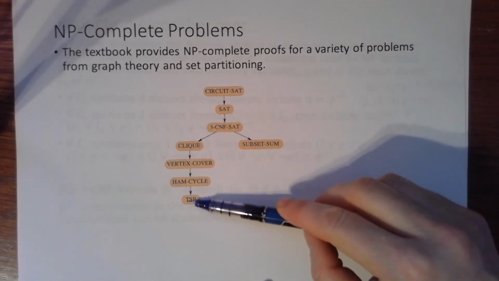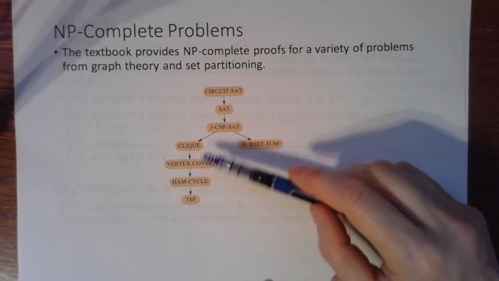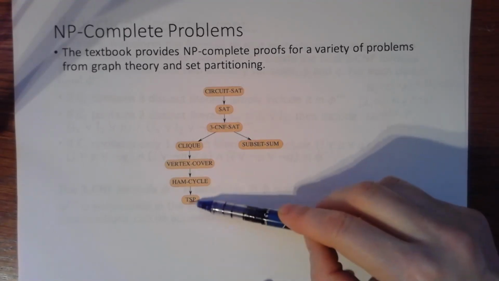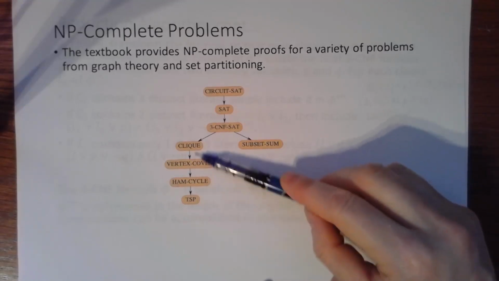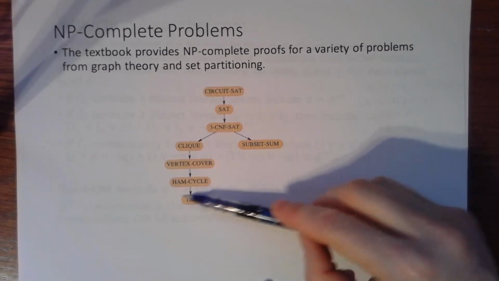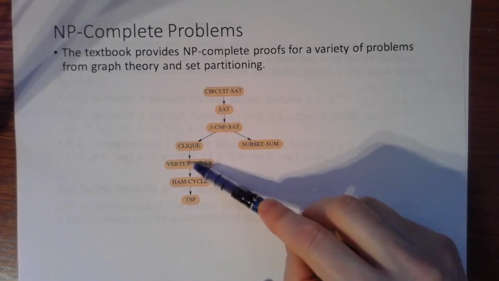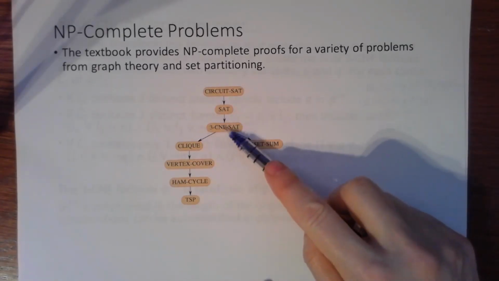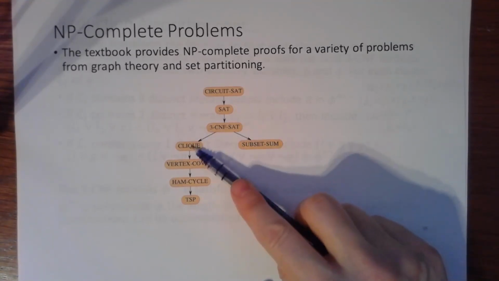We're not going to do the other ones, but the book also shows how other graph theory problems like vertex cover, Hamiltonian cycle, and traveling salesperson work. Once you're in the graph theory family, it's a little bit more natural to do those. But getting from the Boolean logic family to the graph family is an interesting thing.